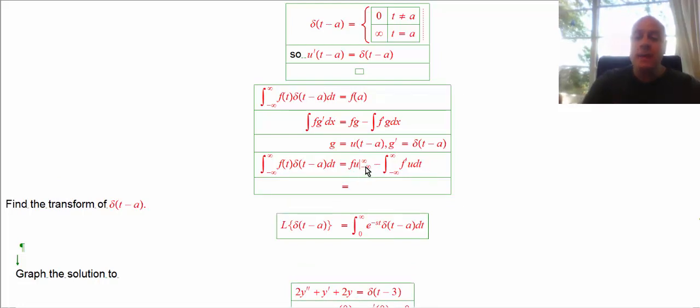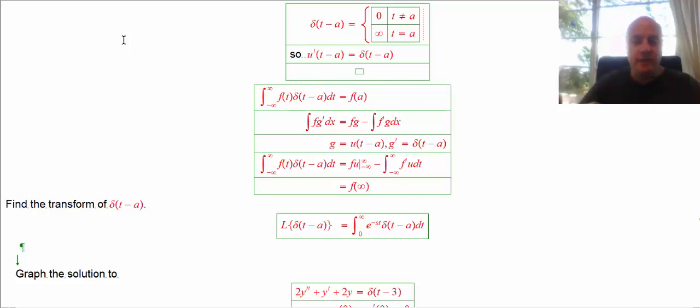Well, at infinity, u is equal to 1. So this is just equal to f evaluated at infinity, the limit as it approaches infinity. Again, casually, we'll just write that as f at infinity, but we mean the limit.